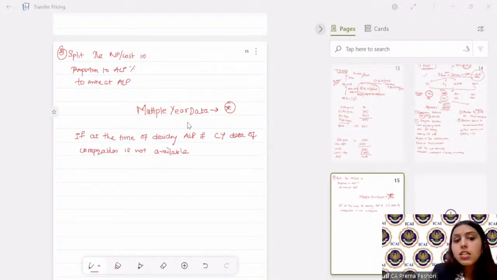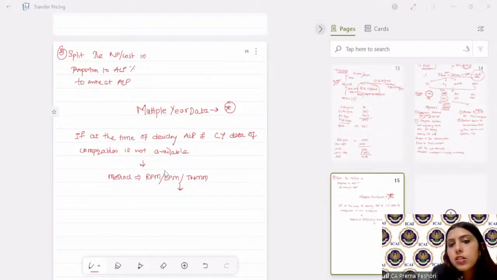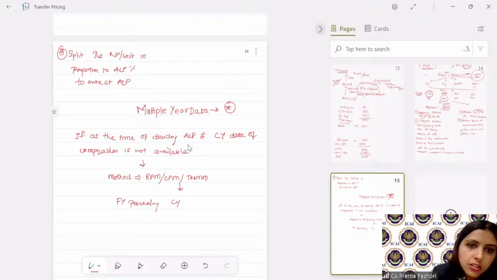So in that case, the Act says that if your method is RPM, CPM, or TNMM, then you can also use the past year data. So the financial year preceding the current year data you can use. Ideally you should be using the current year data only.